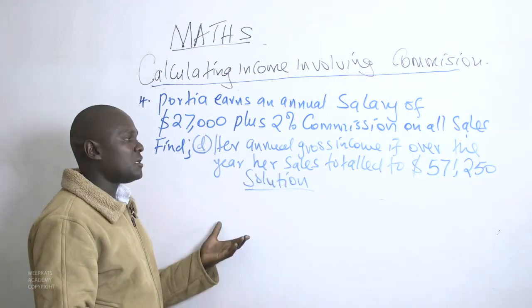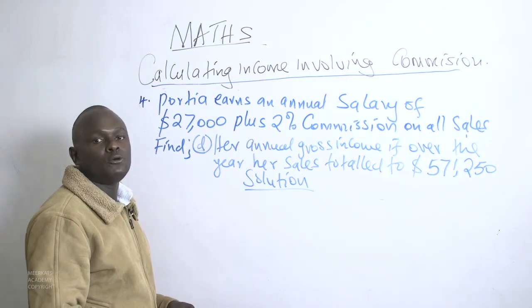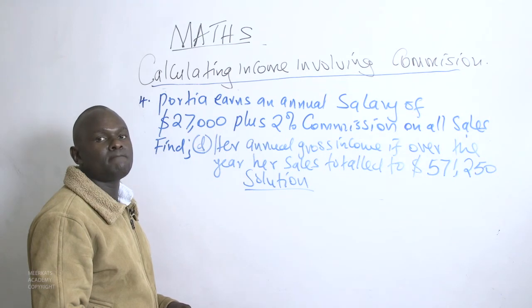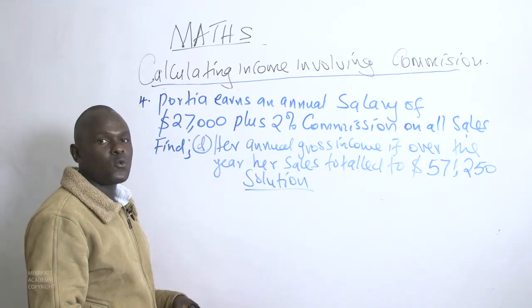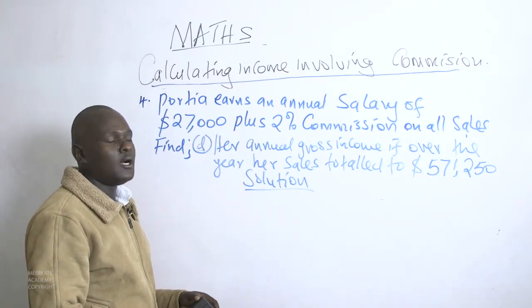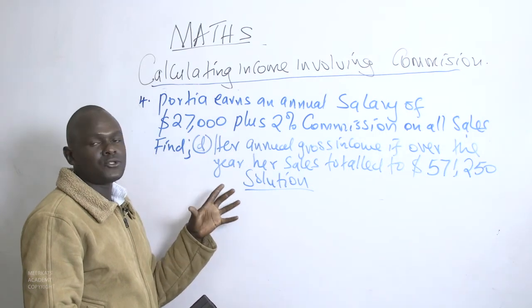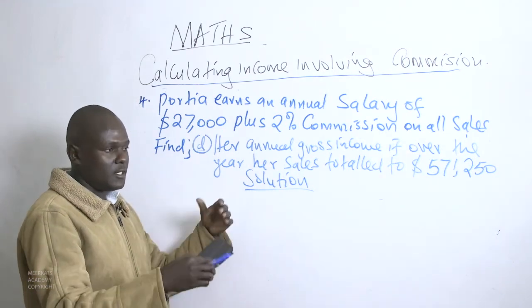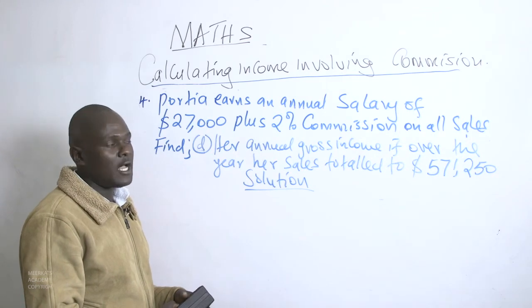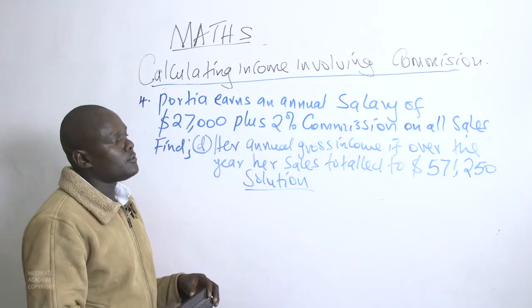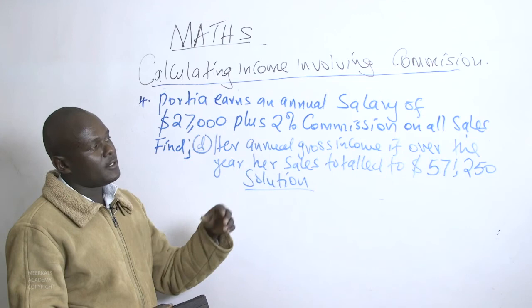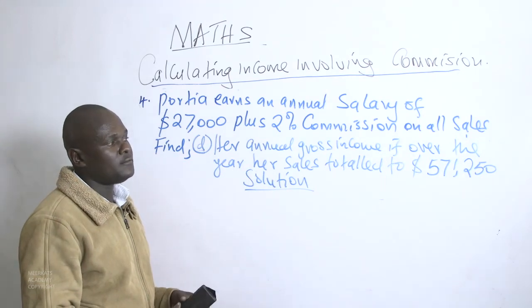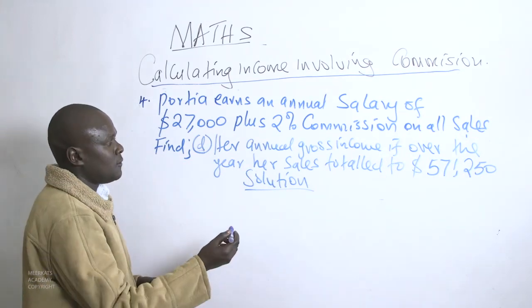Remember, we have already calculated her commission, weekly commission, her weekly base salary. And now this last question wants us to calculate her gross income annually in a full year, having been given the total sales as $571,250.